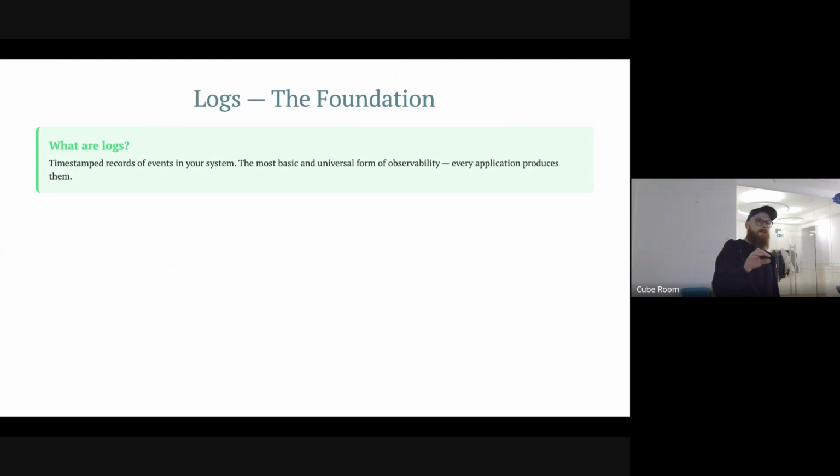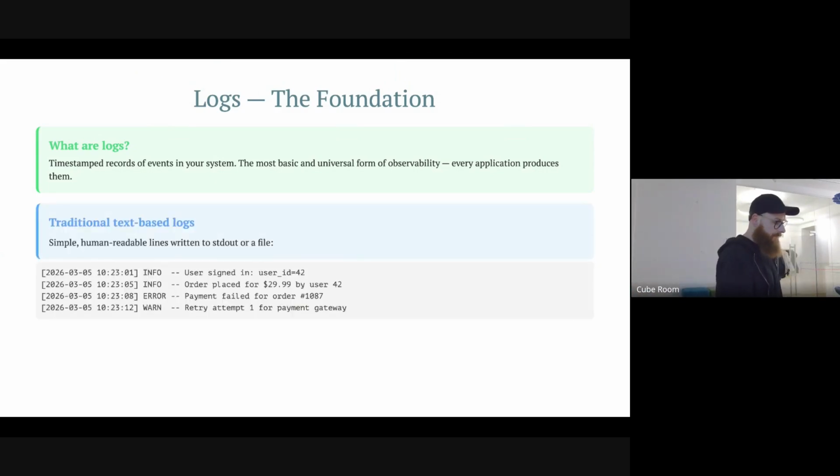So a log is always something that happens at a given point in time, with some information attached to it, right? So unlike traces, which are comprised of multiple events that happen in some period of time, logs are just one instance of some event.